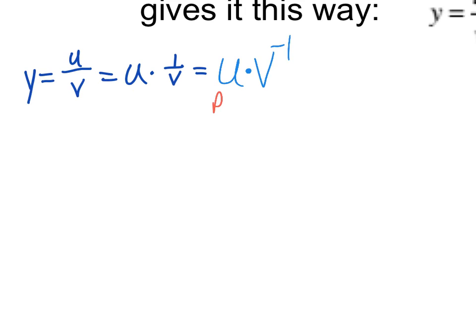Well, we are going to use the chain rule as part of the product rule because we don't just have a v, right? We have a v to the negative 1. So that's a composite function we got to use the chain rule for. All right, so you were right. We've got product rule. Okay.